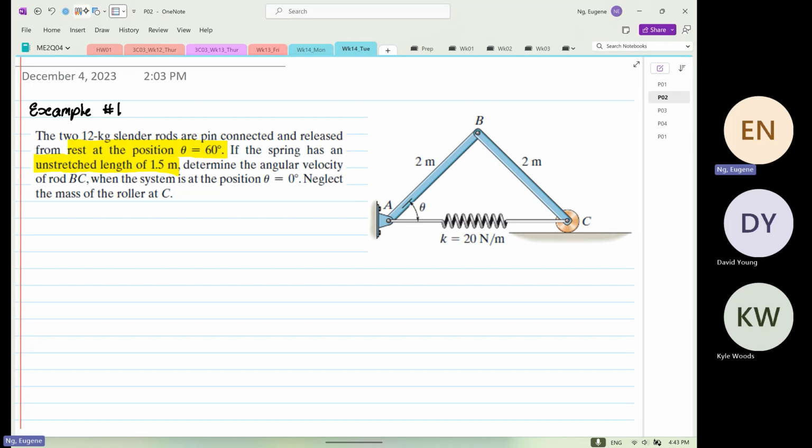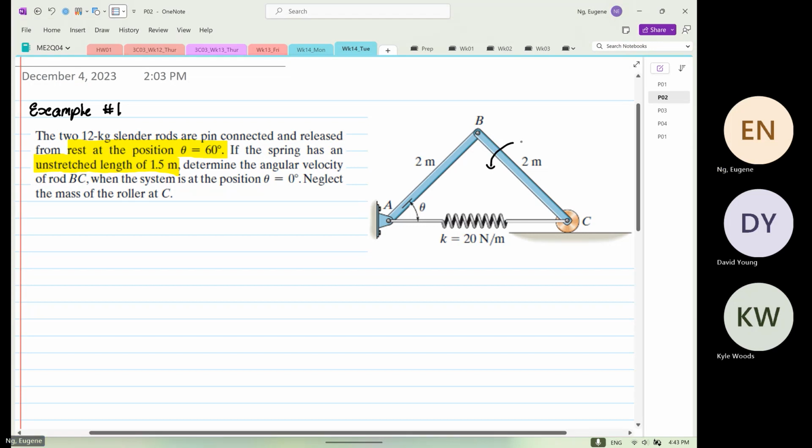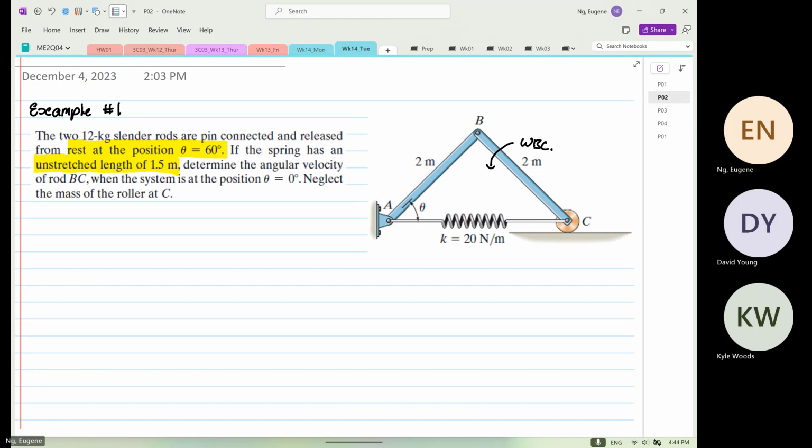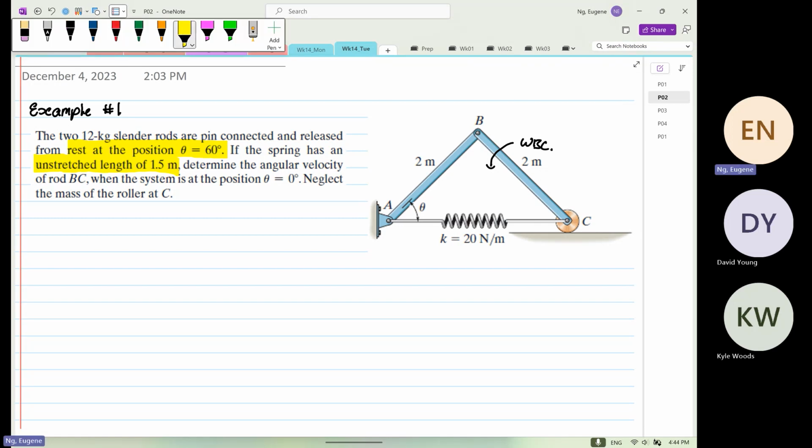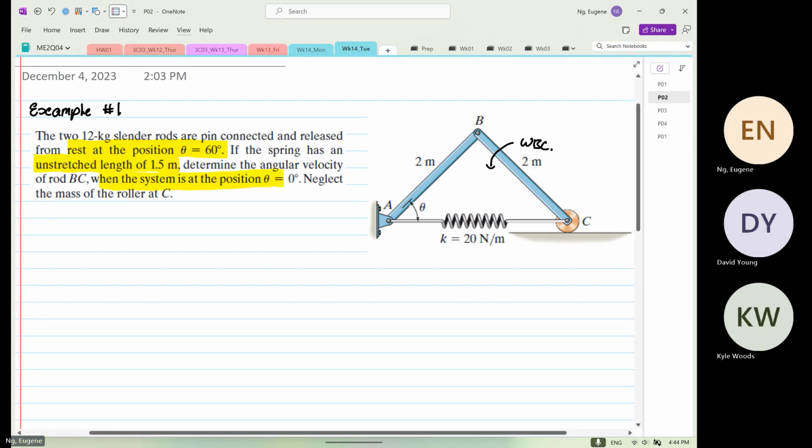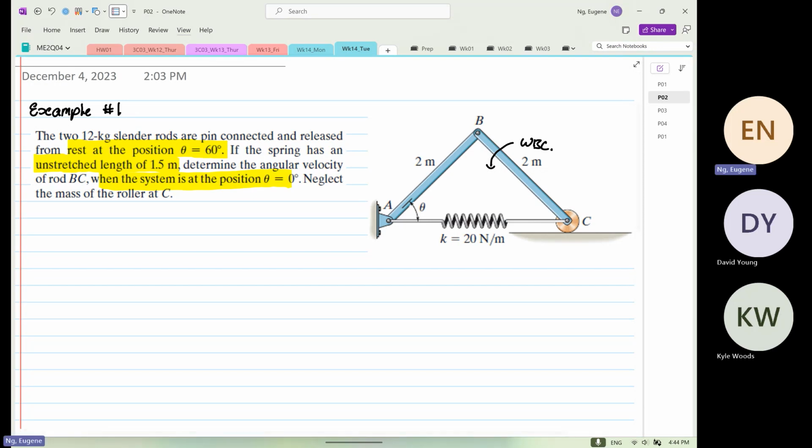So we are going to determine what is omega BC when theta is equal to 0 degrees. Neglect the mass of the roller at point C.